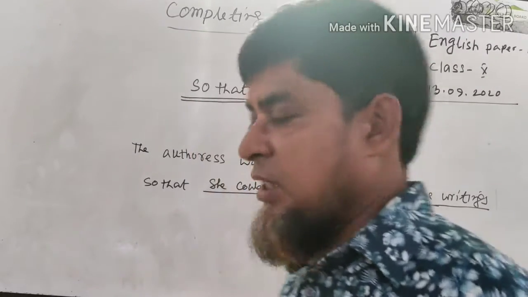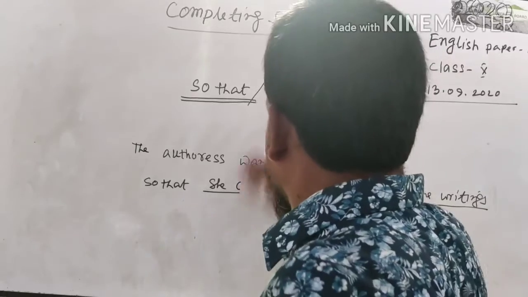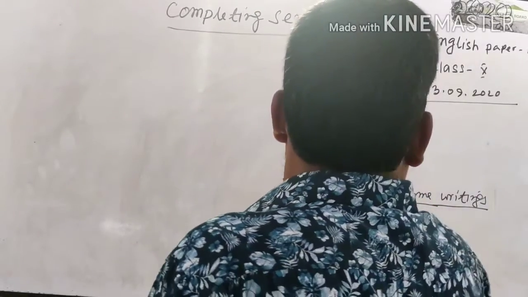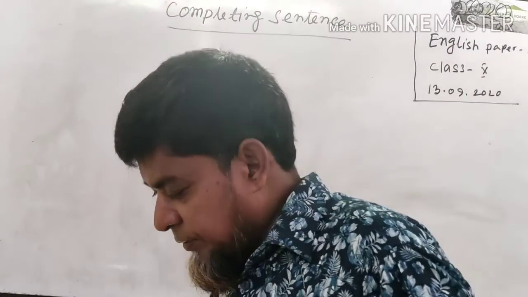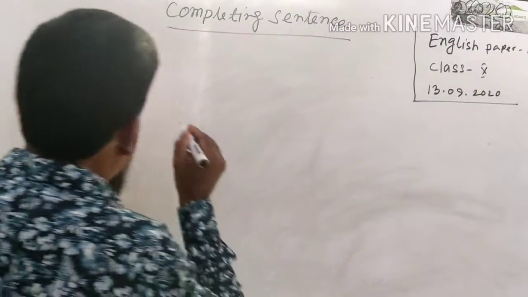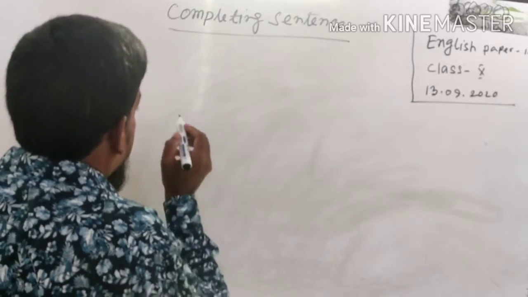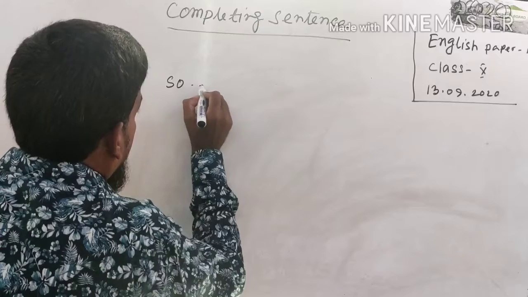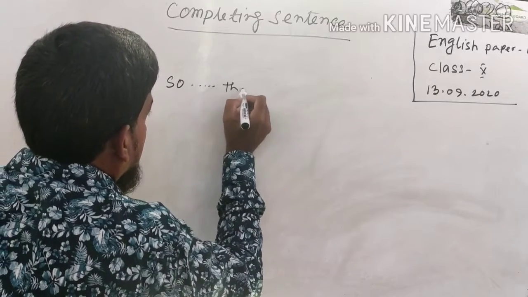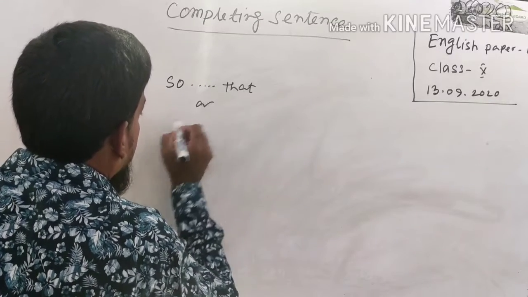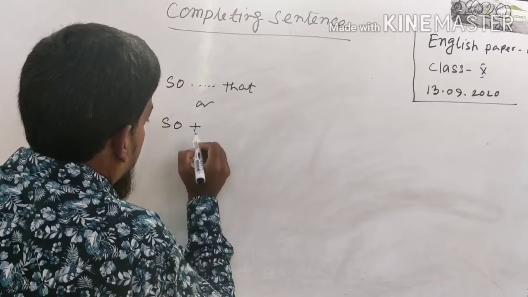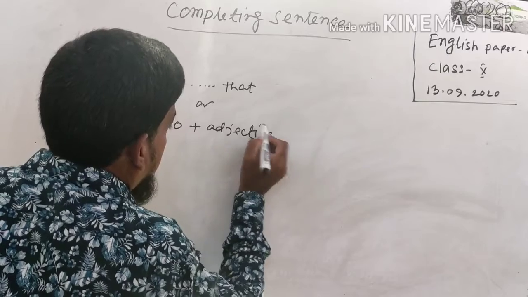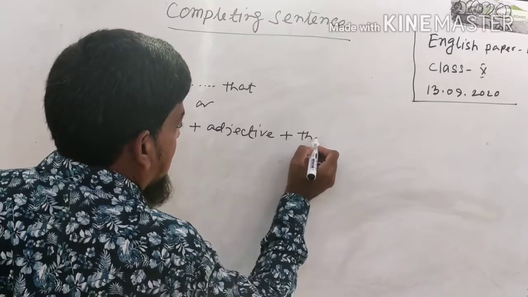Next, I will go to another rule of completing sentence. Now, our structure is so that, or so plus adjective plus that.